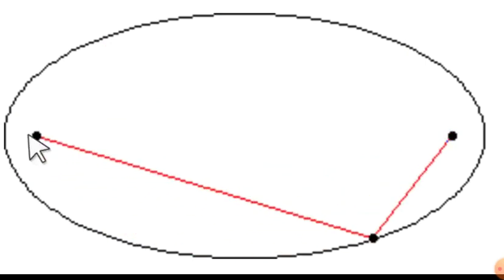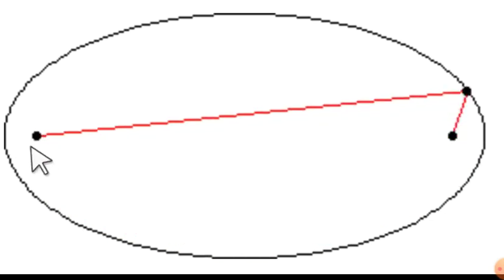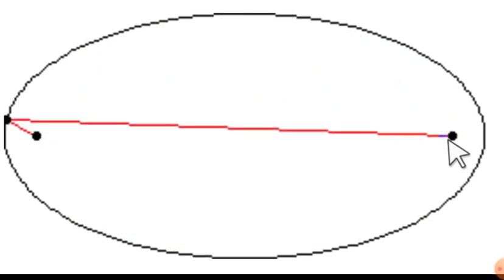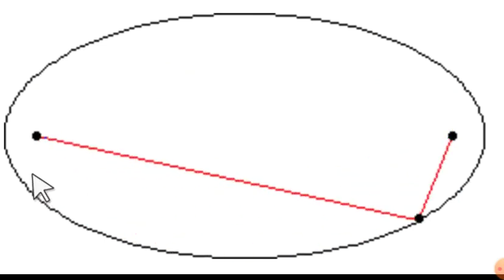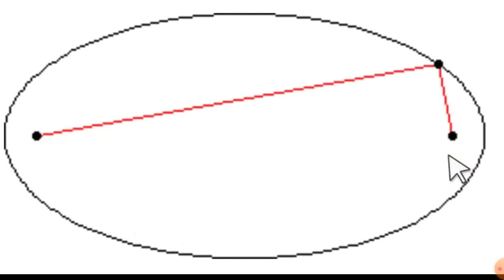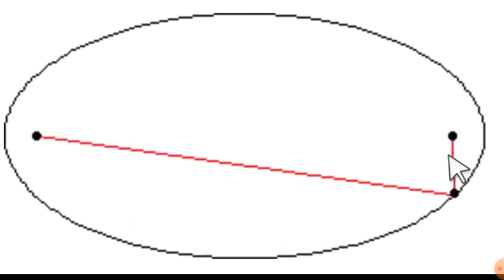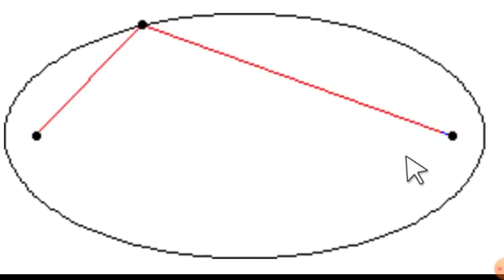That line we call the major axis. On this major axis there are 2 points which are known as foci. In plural we call it foci, in singular we call it focus.